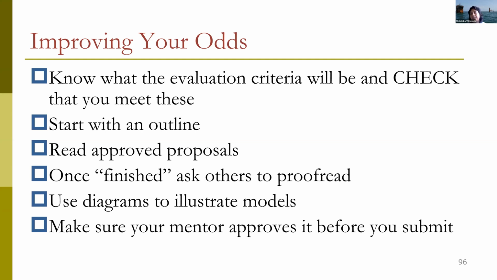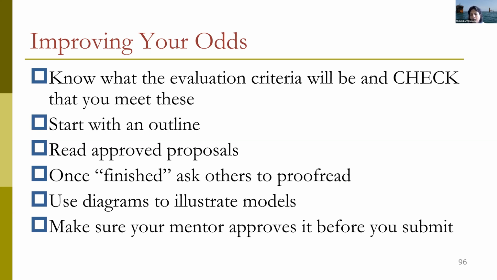Read some approved proposals. If you have some friends who had approved proposals, read them. Once you finish writing the proposal, ask somebody to proofread it. If you can use one diagram or model to illustrate something, use it.